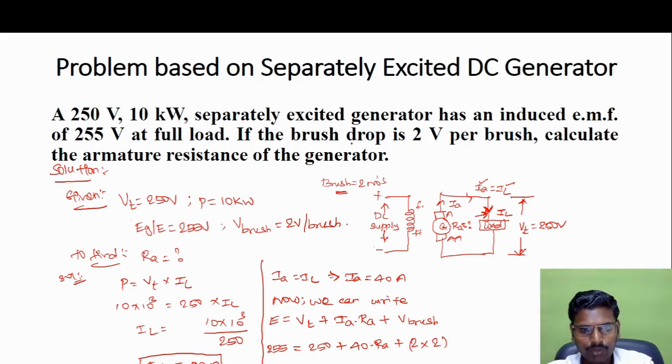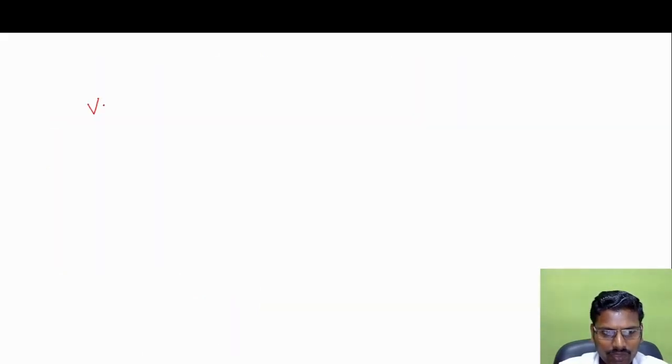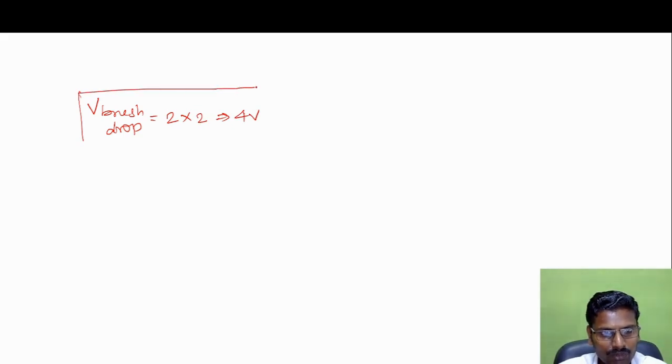They have not mentioned the type of winding, so we can assume the minimum number of brushes. A DC generator will have a minimum of 2 brushes. So the brush drop is 2 into 2, which is equal to 4 volt. This is the voltage drop across the brushes.